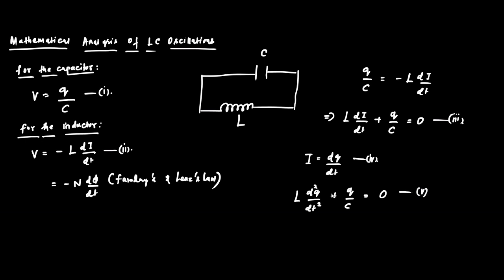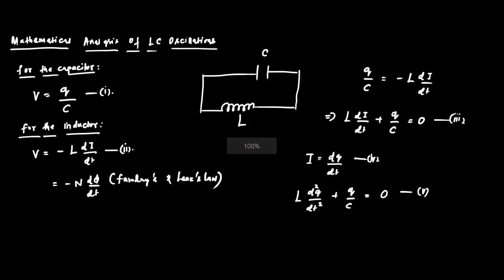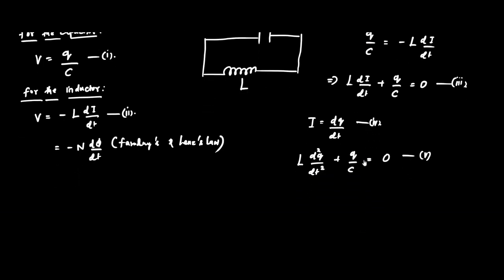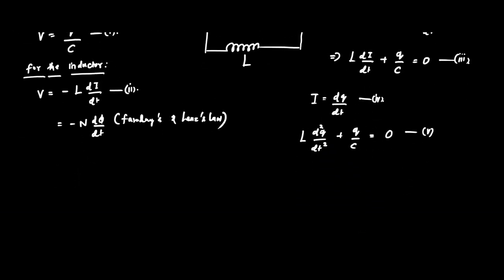And if we further simplify it, this becomes d square Q by dt square plus Q by LC is equal to 0. This is equation number 6, and this is the form in which we want this equation.